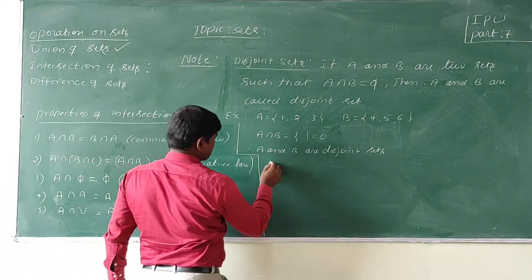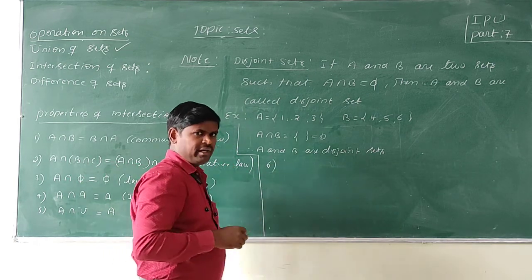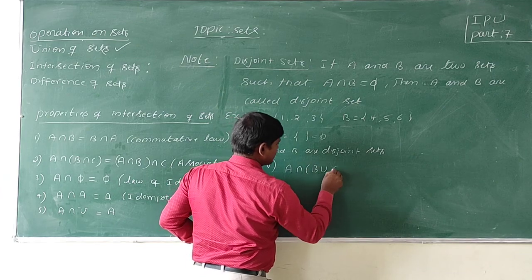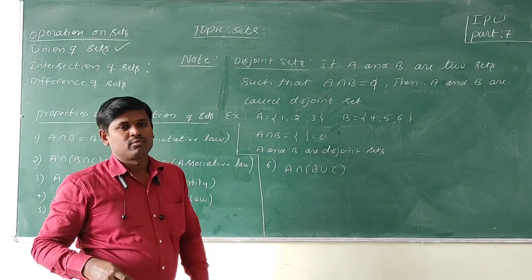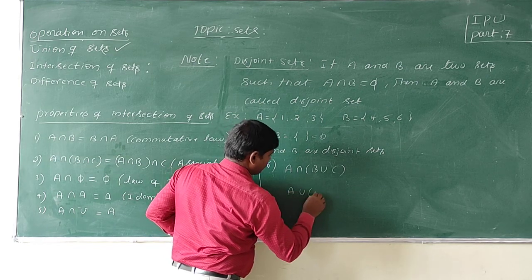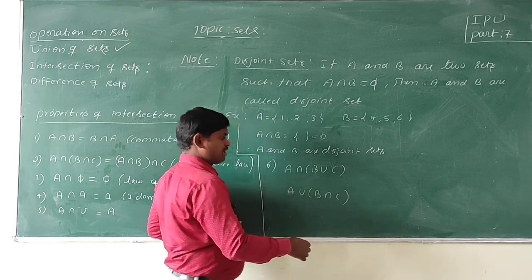The sixth one is important. A intersection of (B union C) and A union of (B intersection C): these are the distributive properties, very important.